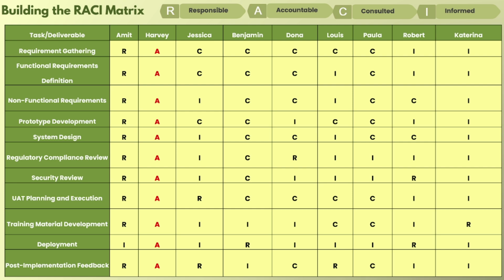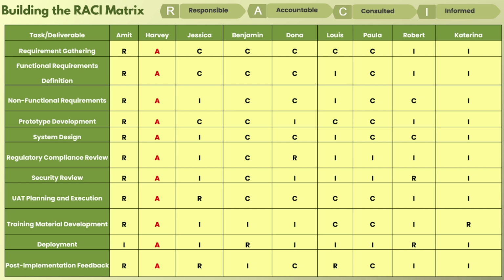So in this way we have created a RACI matrix for requirement gathering. Similarly, for the functional requirement and definition, we categorize them into R, A, C, I. We'll jump into the second last, deployment. See, here are some interesting changes.